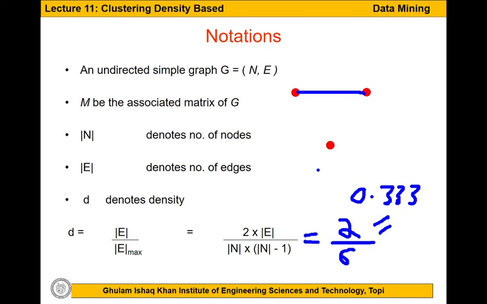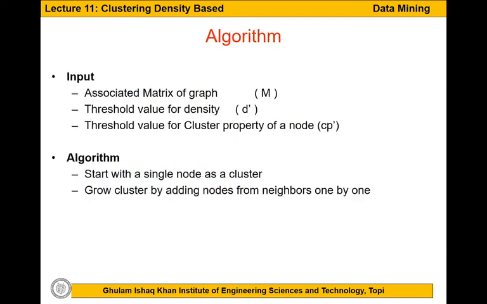So this shows that the more the connectivity in the graph, the higher will be the density, and the lesser the connectivity in the graph, the lower will be the density. So the density basically represents the connectivity in the graph, right?